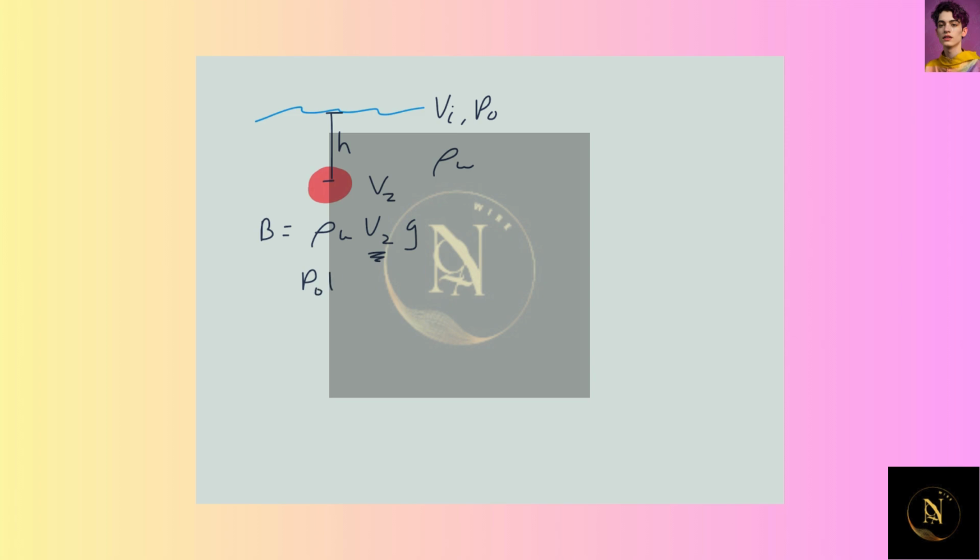So P naught V1 will be equal to P2 V2, and we can express P2 as P naught V1 over V2. And now we can look at the pressure buoyancy equation. P2 is equal to P naught plus rho W g h.